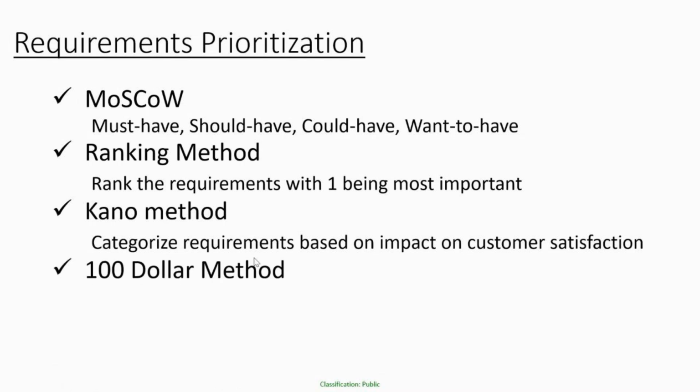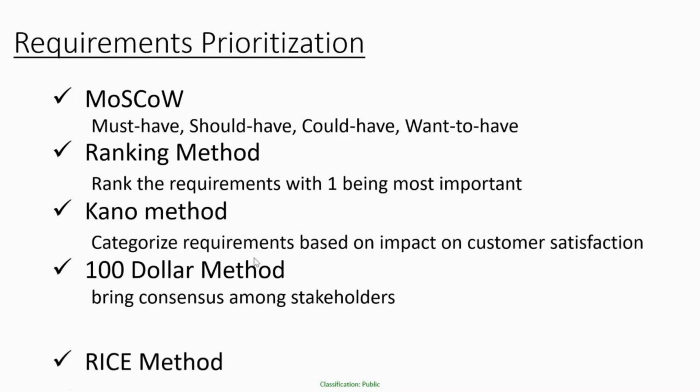The $100 method again is about you try to bring a consensus. So you take all the requirements, then some stakeholders might press for their own requirement and say this is high priority, this is low priority, which could be conflicting with the priority assigned by another stakeholder. So you try to bring a consensus among them, and then that will make it easy to understand which is more important, which is not.